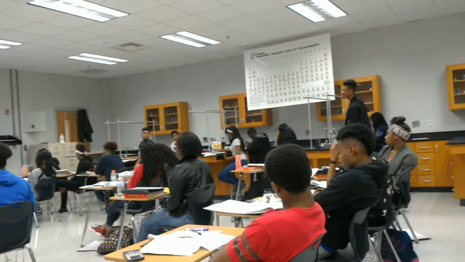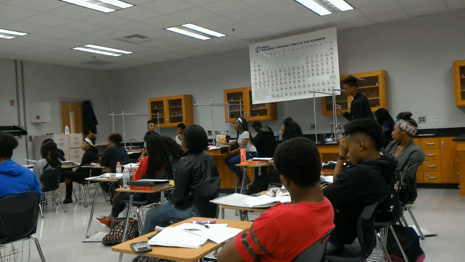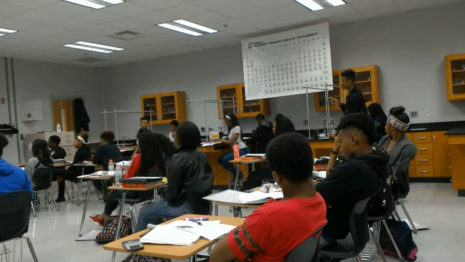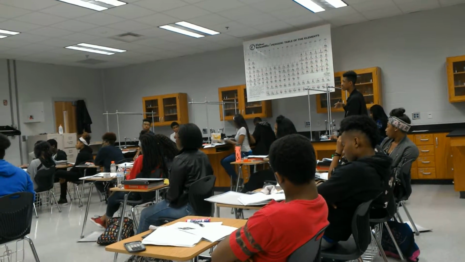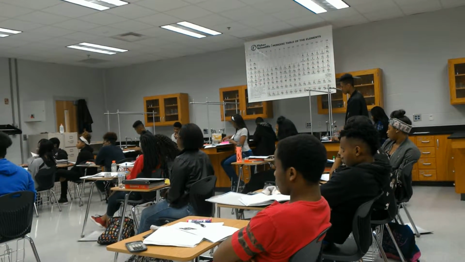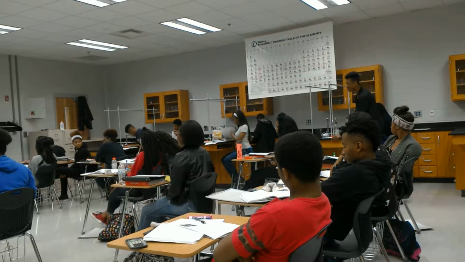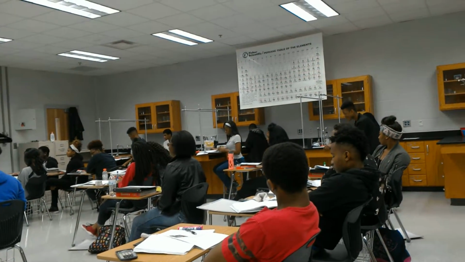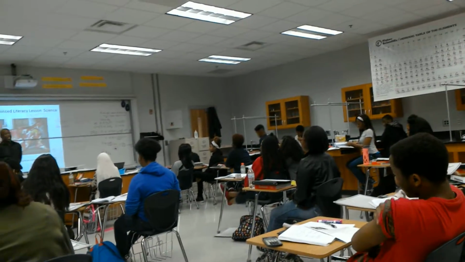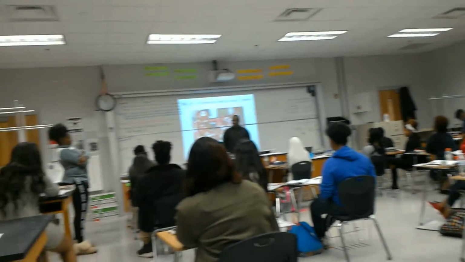All right, now, can somebody stand up and tell us about Avogadro's number? This is a conversion using 6.02 times 10 to the 23rd. Just know you gotta use 6.02 times 10 to the 23rd.